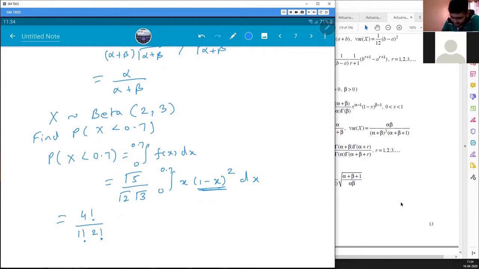And for this integration, the best way would be just opening the brackets. So we are going to get x minus 2x square plus x cube.